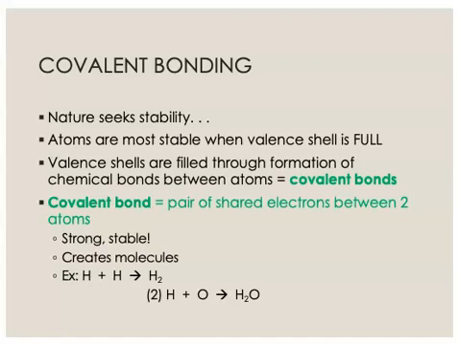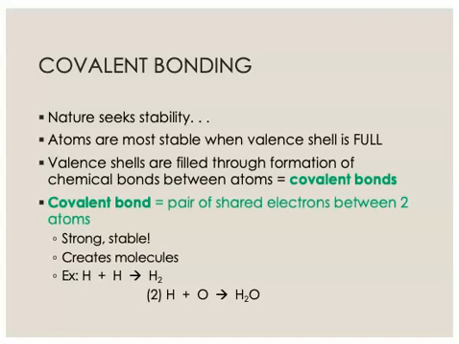The way that they can become stable is by joining together and sharing those unpaired electrons. Each atom has 1 unpaired electron, so if they share them, now they each have a pair of electrons in their valence shell. That's all a covalent bond is. A covalent bond is defined as a pair of shared electrons between two atoms.